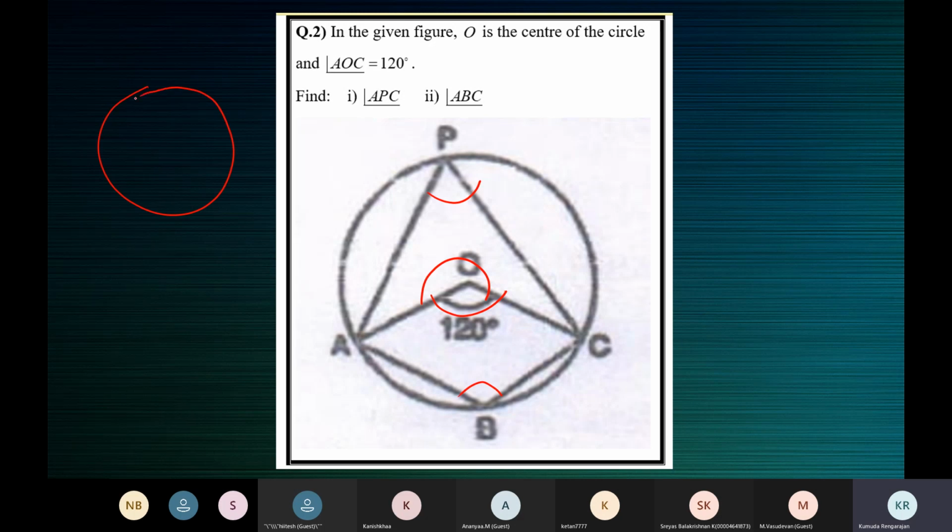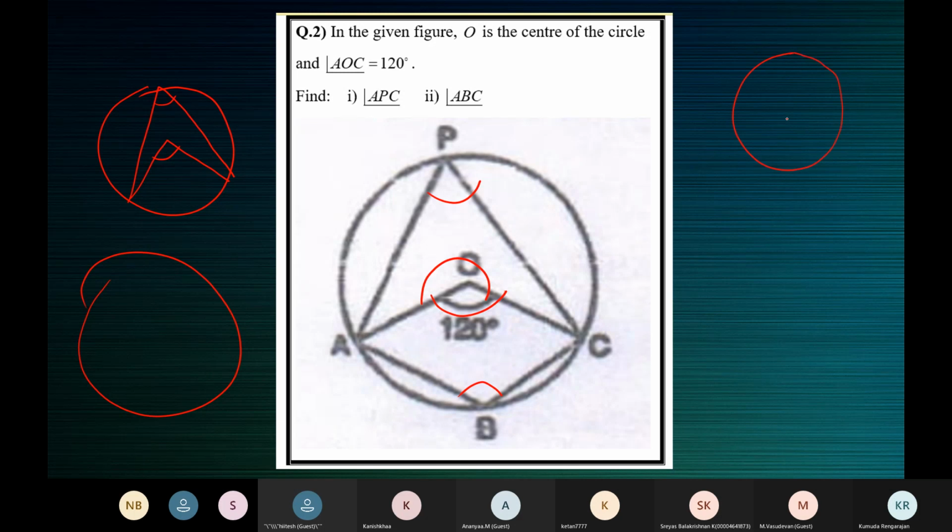If it's the minor arc, you will see the figure like this. Like this, it's a major arc. Look at these two figures, this one and this one.